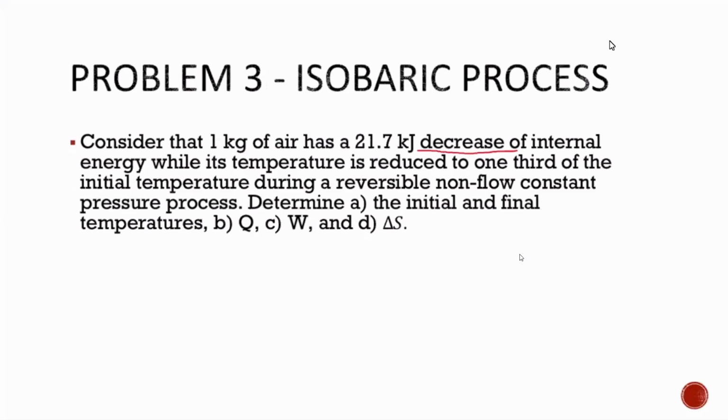Let us first identify the given. Ano ba yung given natin? 21.7 kilojoule? Ano yun? Internal energy. So we have delta U. But take note, the term is decrease. 21.7 kilojoule decrease. Which means, anong ibig sabihin nun?